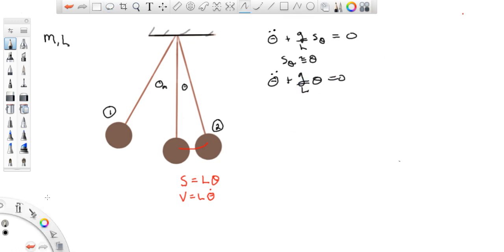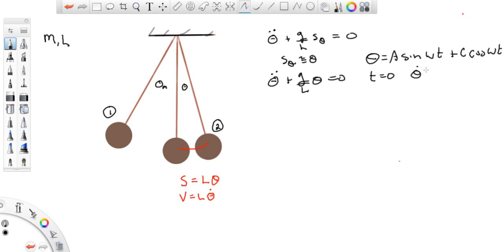Now we recognize that this thing has to have trig solutions. So theta needs to look like A sine omega t plus C cosine omega t. Then, like a lot of these problems, we can use the condition that when t is equal to 0, this object's not moving yet.